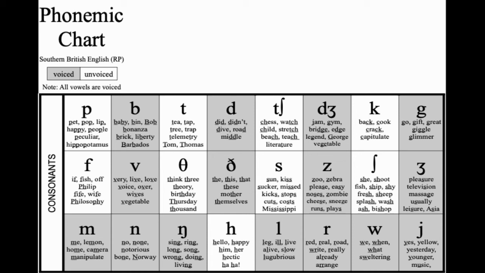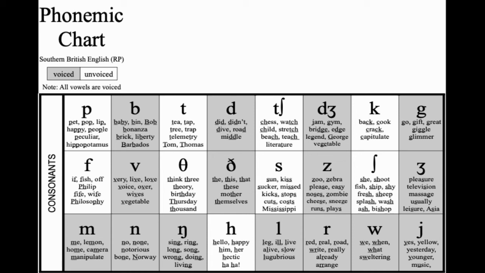J is a voiced, lenis, palato-alveolar, affricate consonant, like in jam, gym, bridge, edge, legend, George, vegetable.